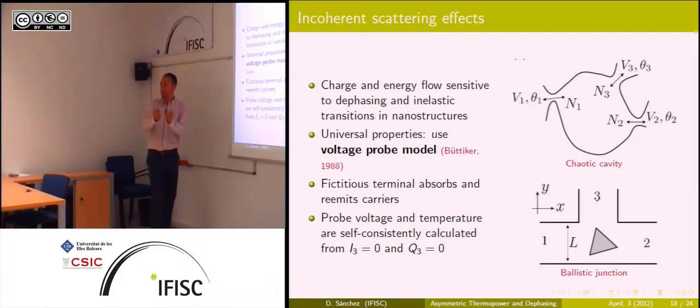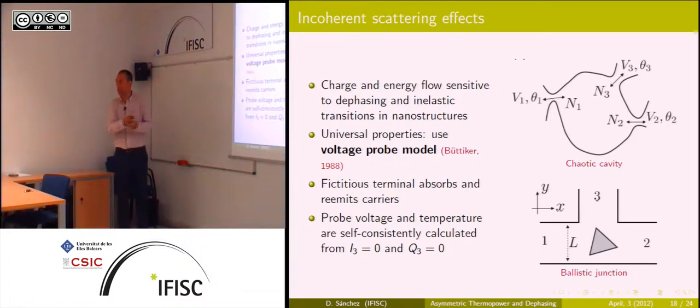And now you say that the current through this terminal is zero. It's like a voltage probe. So if the current through this is zero, all electrons which come from, let's say, terminal 1, finally will exit the sample through terminal 2. But on their way they could be absorbed by this probe and then re-emitted again with a totally unrelated phase. That's a clever way of inducing dephasing into the sample.